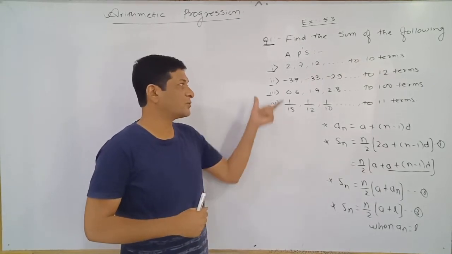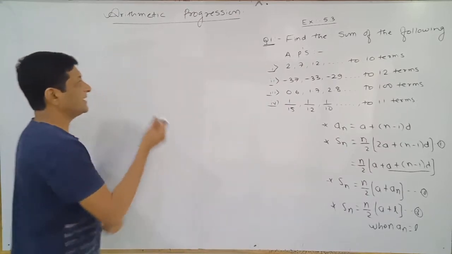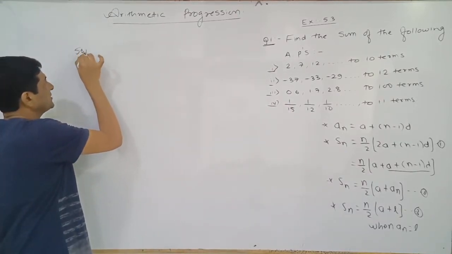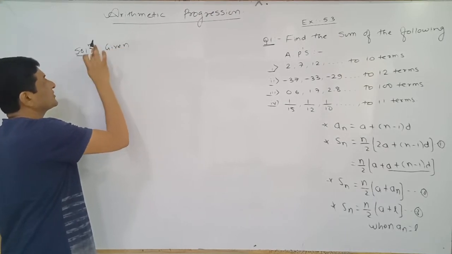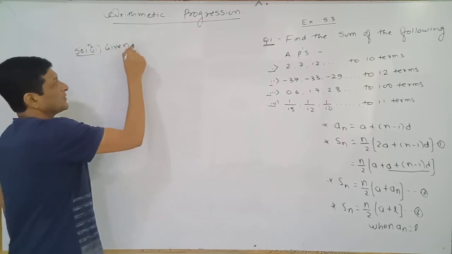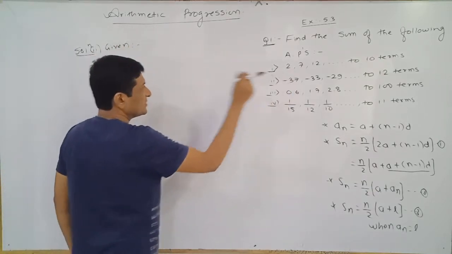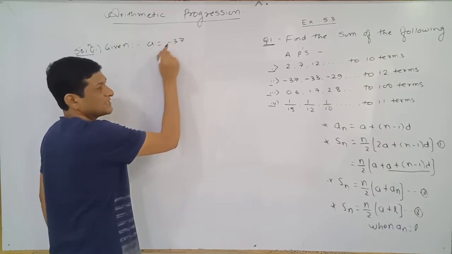Now let us try to solve example number second using the same method. In the second example, first observe the given condition. What is the given condition? The first term is given to us. Let us denote the first term by a. a is equal to minus 37.